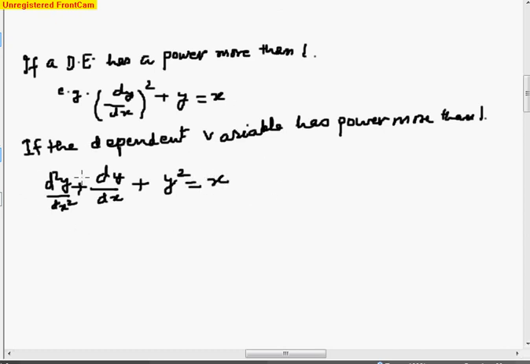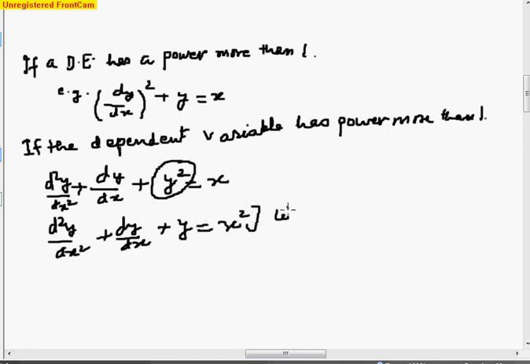This is not a linear differential equation because I have the dependent variable y and y square is there in the differential equation. But powers of x, the independent variable, can be there. For example, consider this differential equation. This is a linear differential equation and this is a non-linear differential equation, right? This is the first point which will make a differential equation non-linear. This is the second point which will make a differential equation non-linear, right?